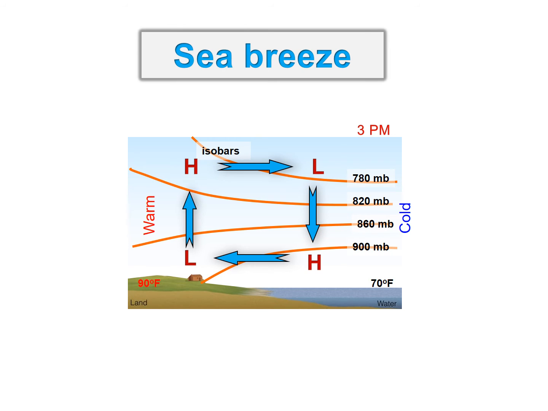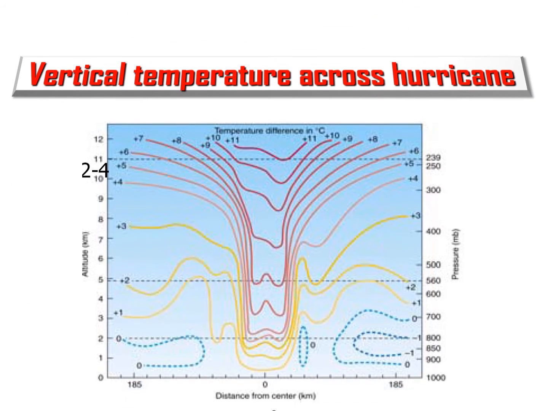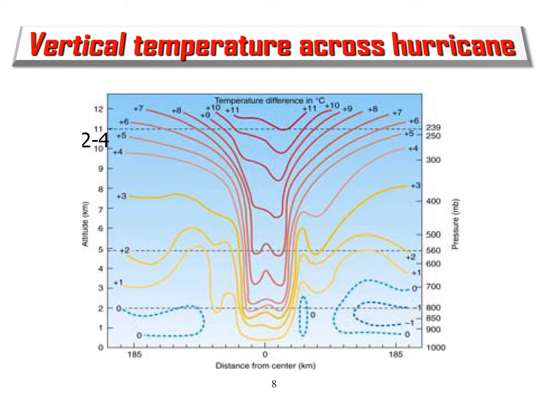So let's examine the temperature distribution. Here is the center of the hurricane. Then you see the temperature: here is 7 degrees C, how about here? 3 degrees C, 2 degrees C. So here is warm, here is cold.